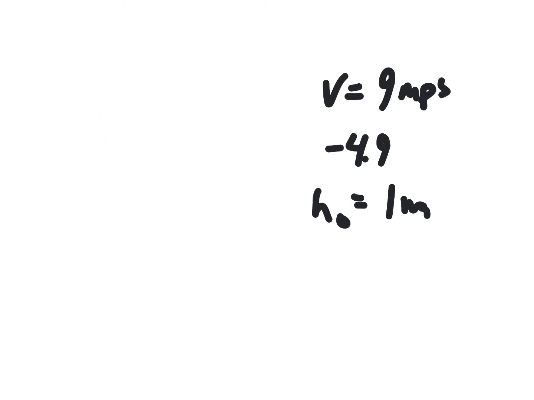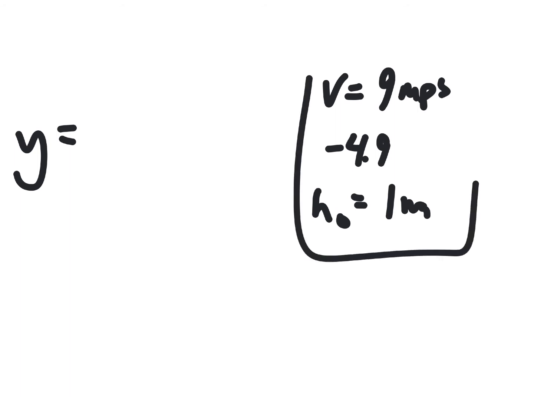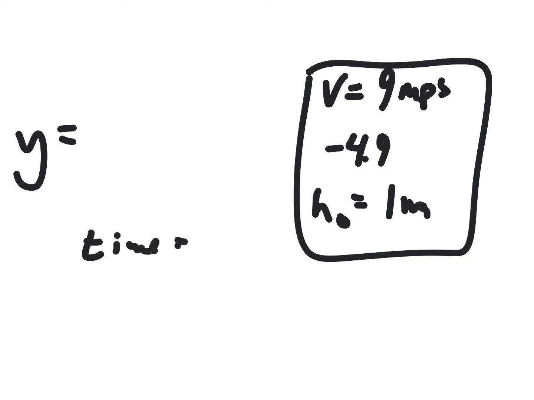And then after you write me the equation for the quadratic that we have that matches these three things, I'd like you to tell me where the ball is at time equals 1. What's the height when time is 1?